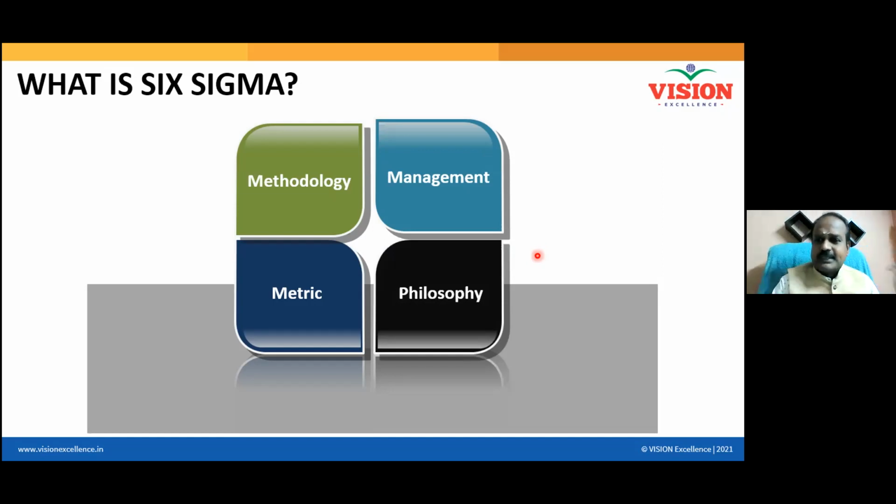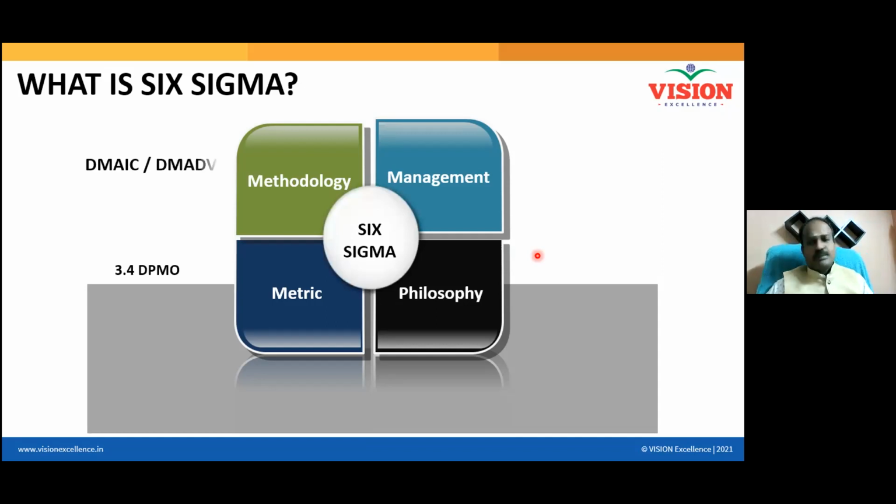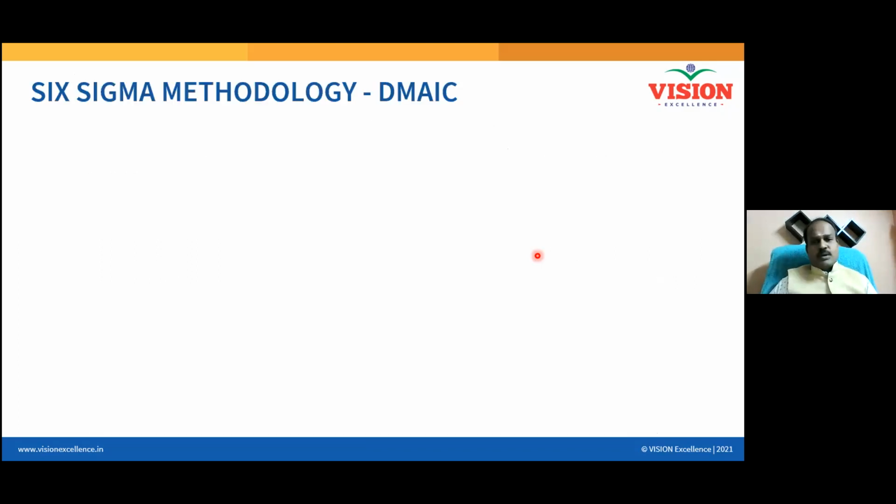What gets measured gets improved. We can apply our learning in personal life too. So Six Sigma is a metric, a methodology, a way of management, and a philosophy. I'll stop here because of the next session.